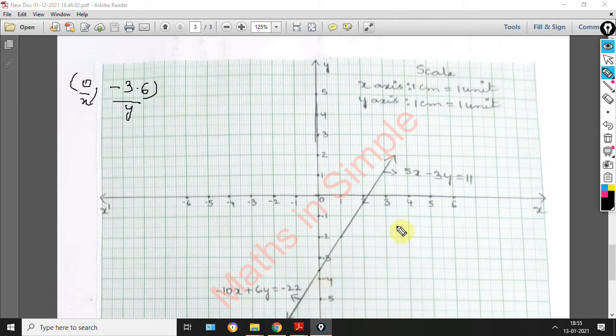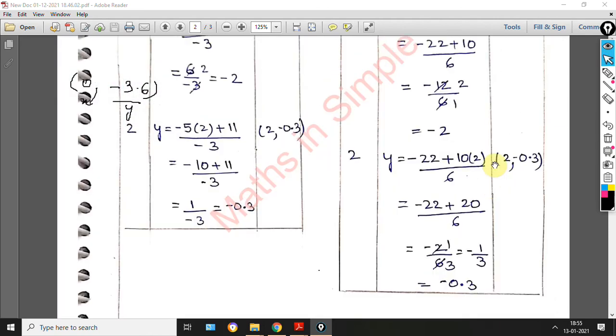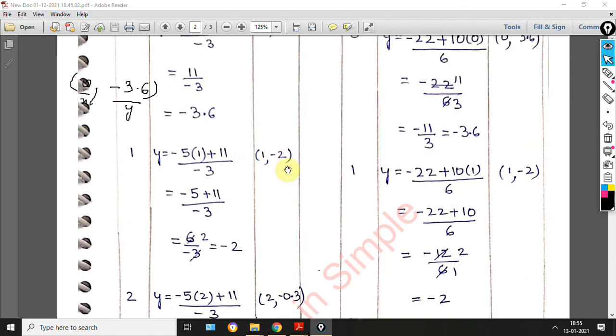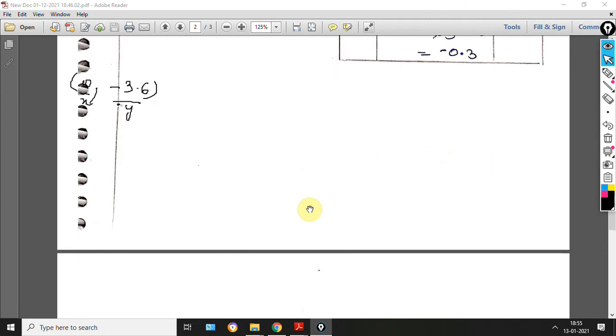Next, we will see the x and y values. 1 comma minus 2 is the next point. Here we will write 1 comma minus 2.